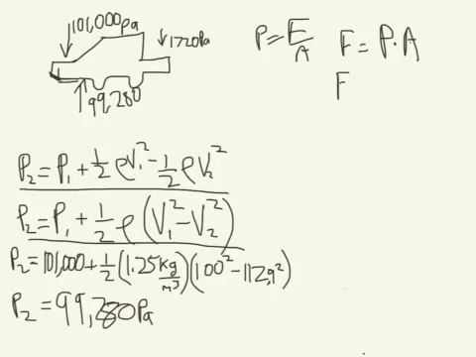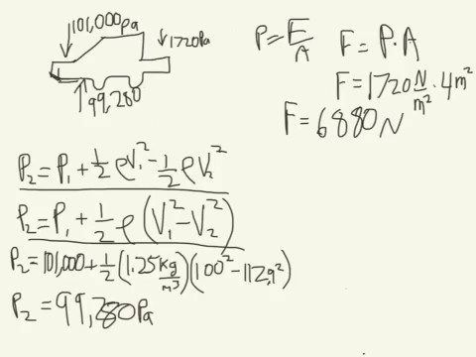So the net pressure is 1,700 Pascal. Pascal, remember, is also Newton per meter squared. And that area we're approximating to be maybe 4 meters squared. So our overall force is a lot of newtons.